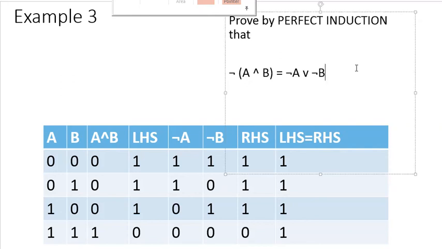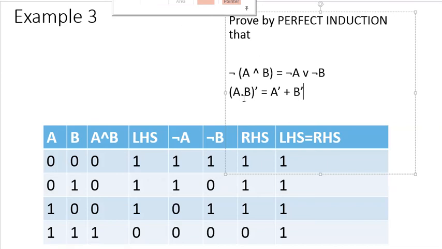This is a bit hard to see what's going on here. If I write it in the other notations that we know, things become a bit clearer to see. So this could be written as A and B, not, is equal to A not plus B not.